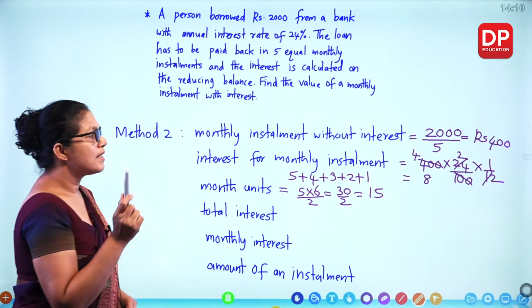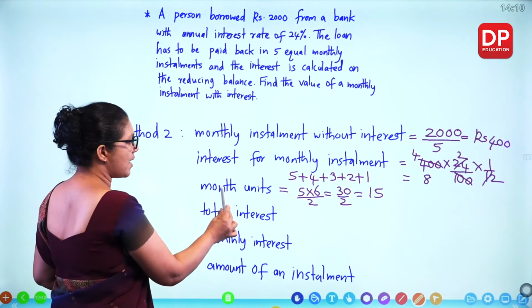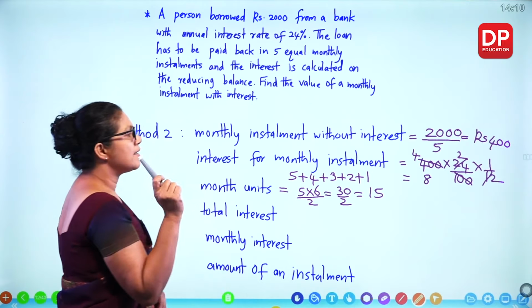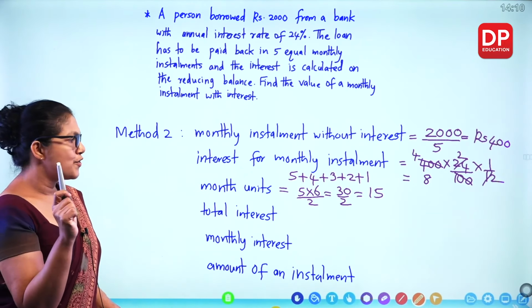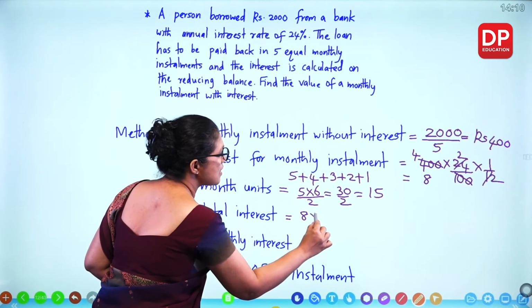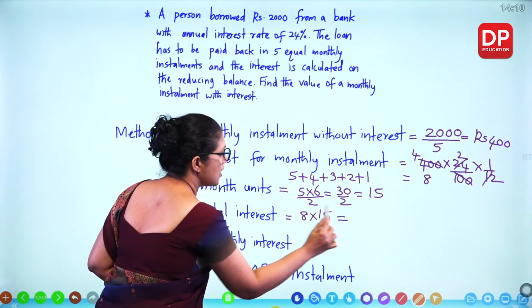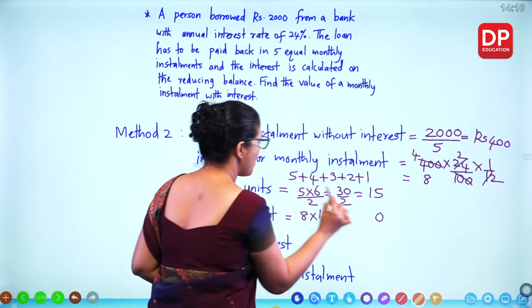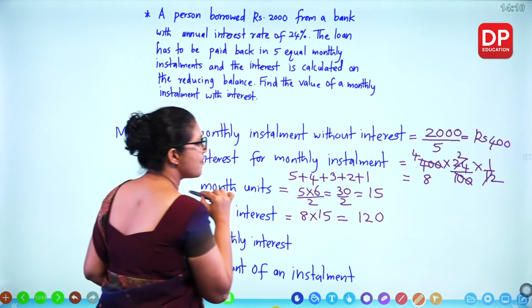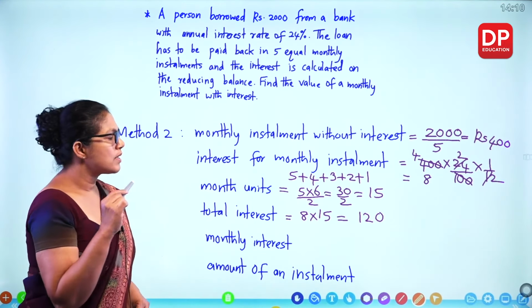Now what's the total interest? There are 15 month units. For each month unit you have to pay 8 rupees. So what's the total interest? 8 times 15. 8 times 5, 40, 4 remaining. 8 times 1, 8 plus 4. So 120 as the total interest.